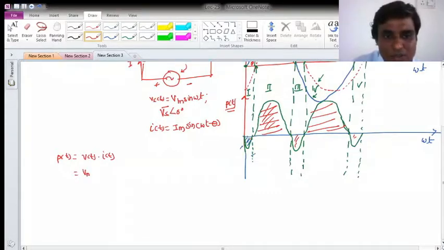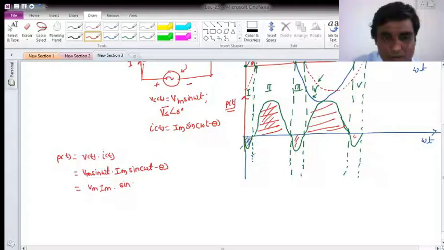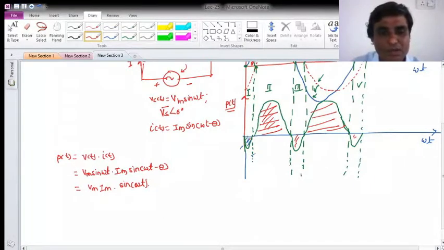v of t is Vm sin omega t. i of t is Im sin(omega t minus theta). If I want to solve this, it will be sin omega t into sin(omega t minus theta), which is sin alpha cos beta minus cos alpha sin beta.